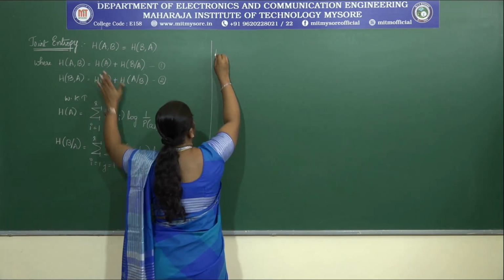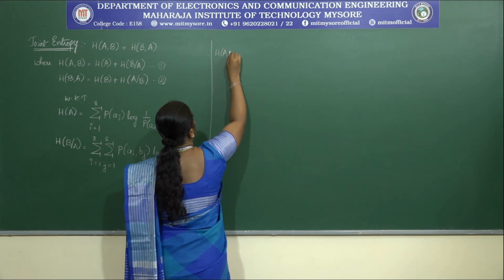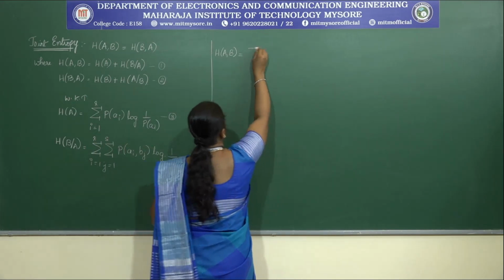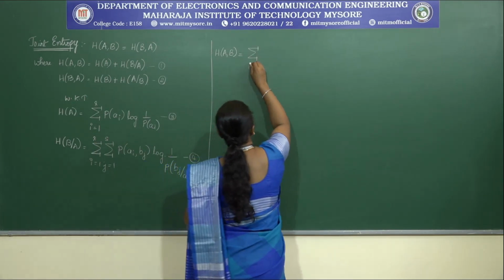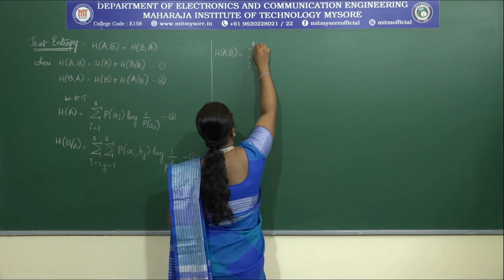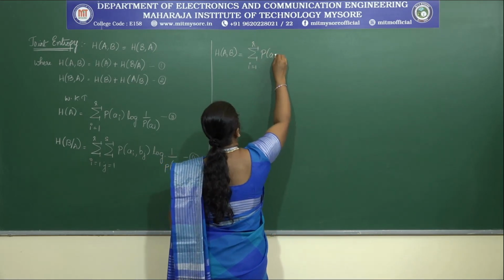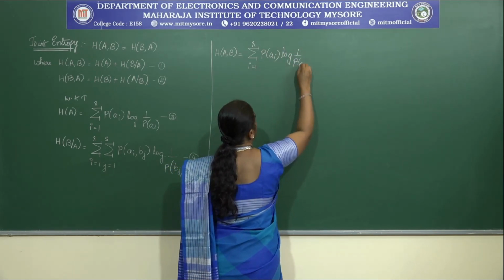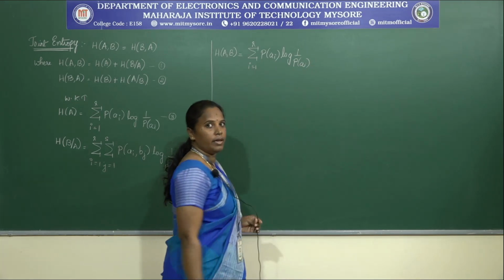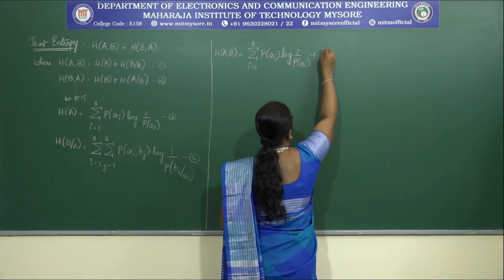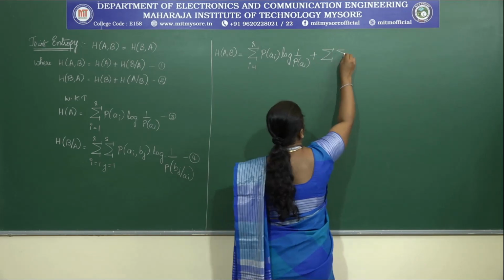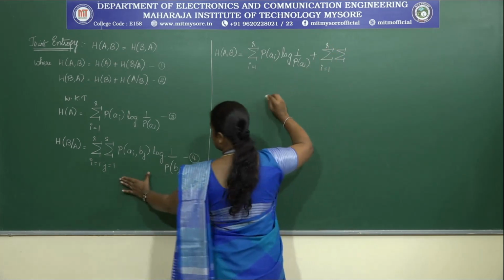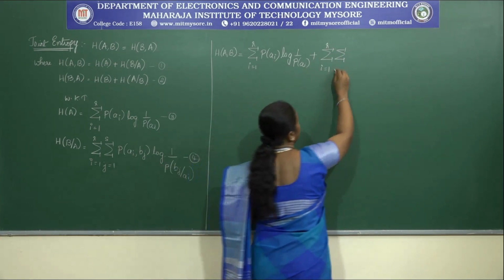So H of A comma B is equal to, what is H of A? H of A is summation of I is equal to 1 to R P of AI log of 1 by P of AI, plus double summation I is equal to 1 to R. This is nothing but your conditional entropy.